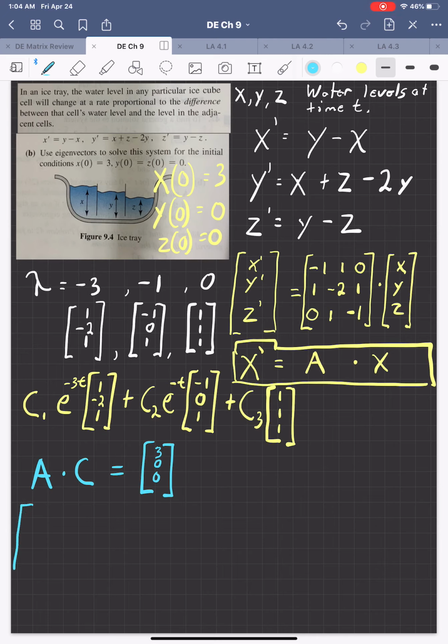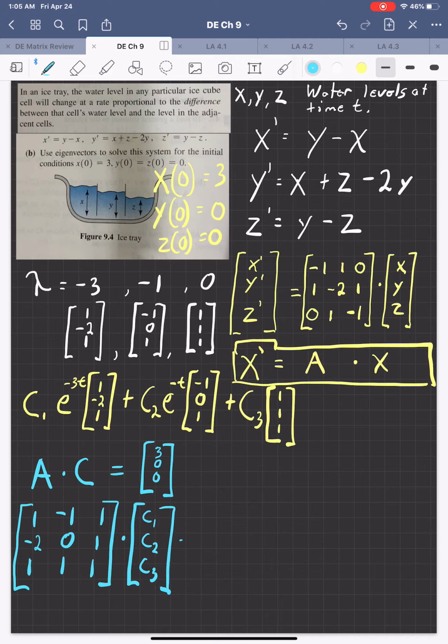Since this is at time 0, the matrix formed from the eigenvectors will be a quick way of finding A in this scenario. So we end up with 1, -2, 1, -1, 0, 1, 1, 1, 1, times c sub 1, c sub 2, c sub 3, equal to 3, 0, 0.